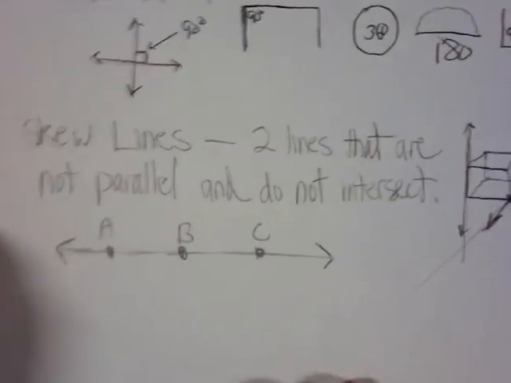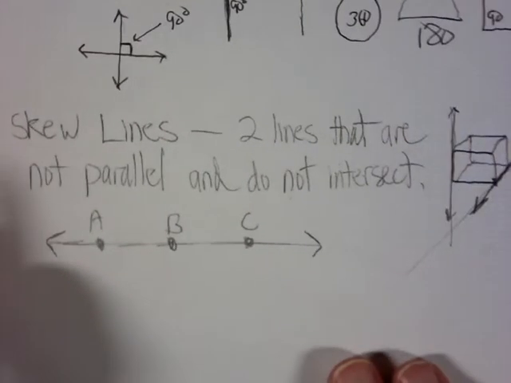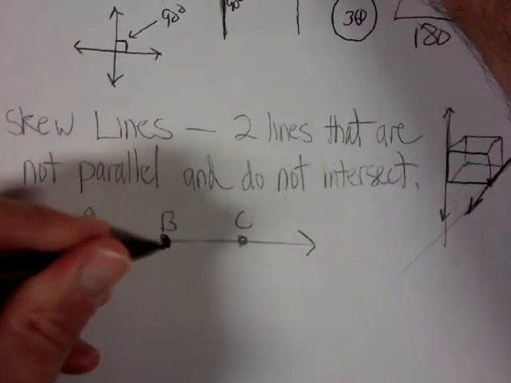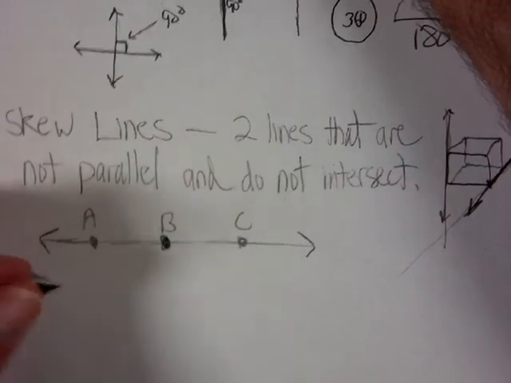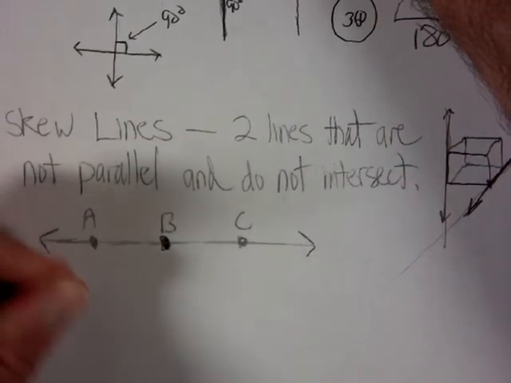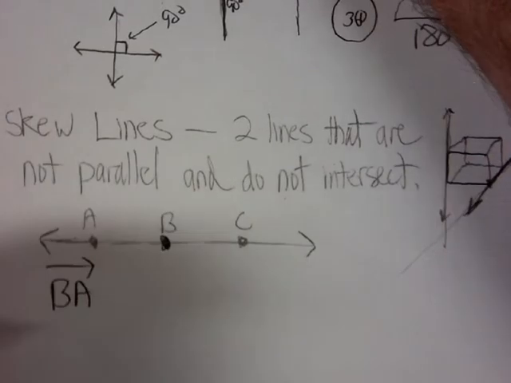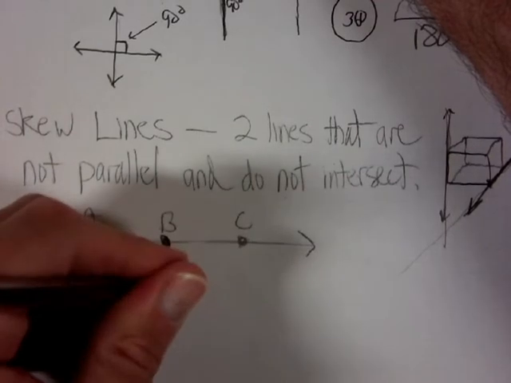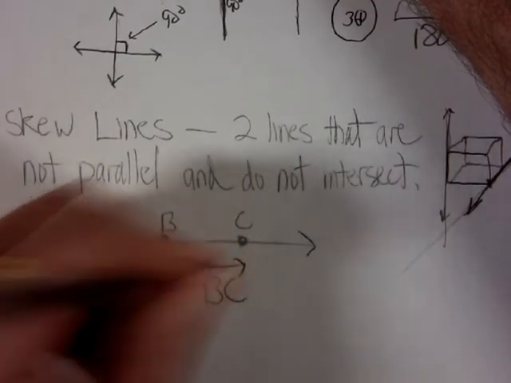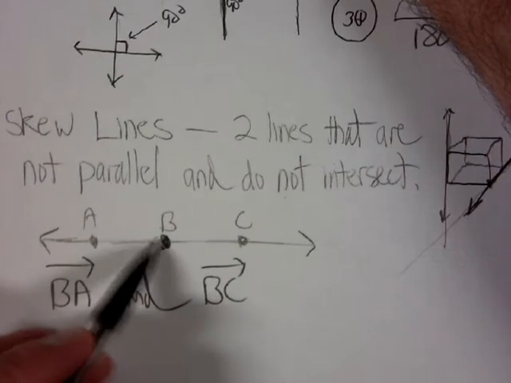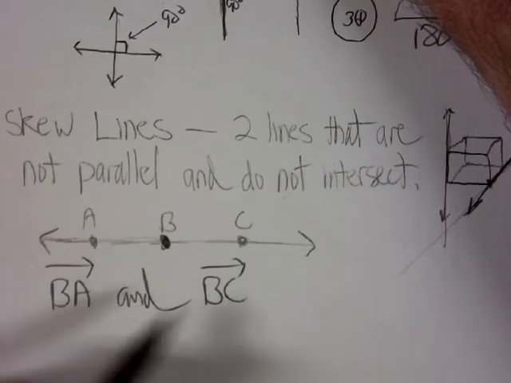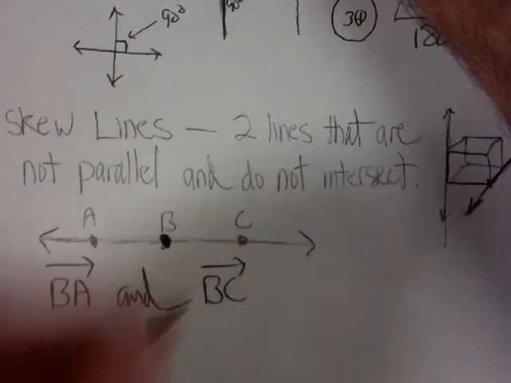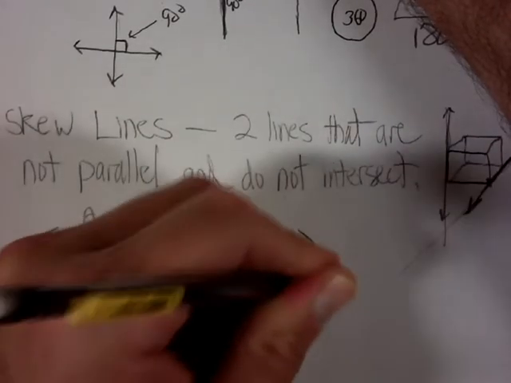Okay? Another vocabulary word I want to point out to you is if I have this ray right here, ray BA, and if I look at ray BC, okay, so ray BA is the ray that starts at B and goes towards A. Ray BC is the ray that starts at B and goes towards C. Those two are called opposite rays.